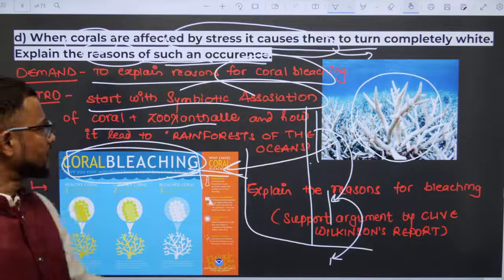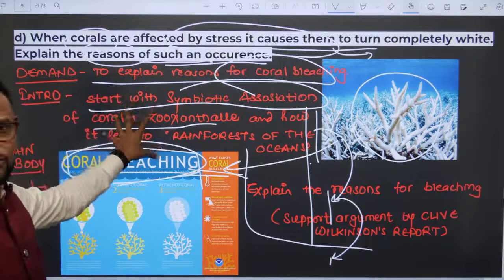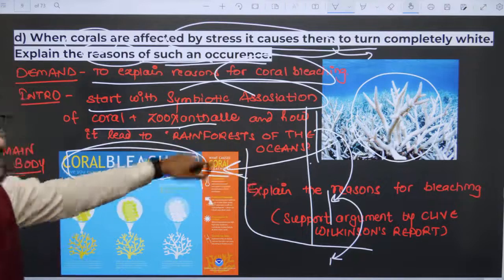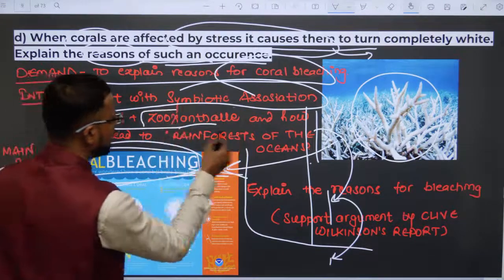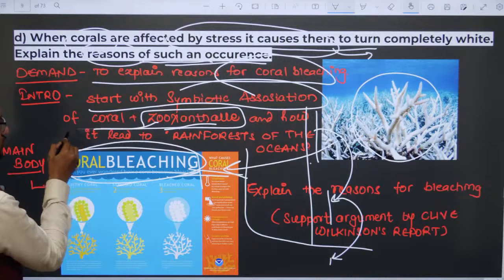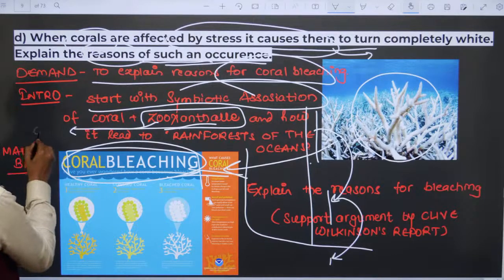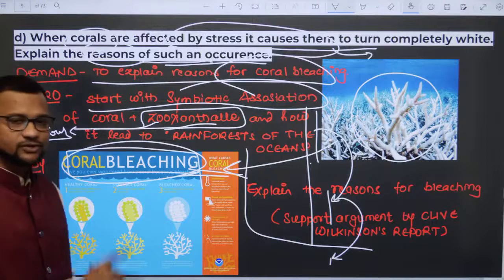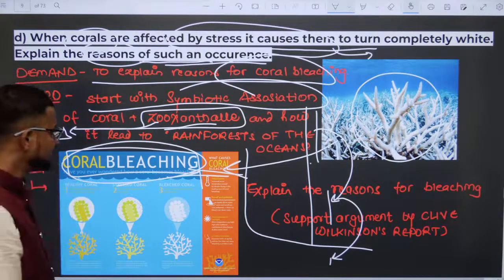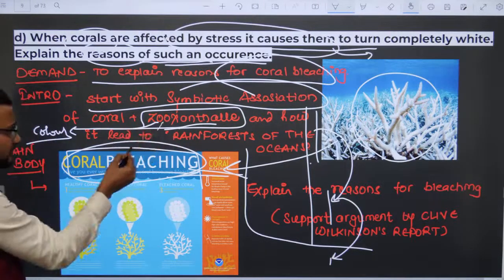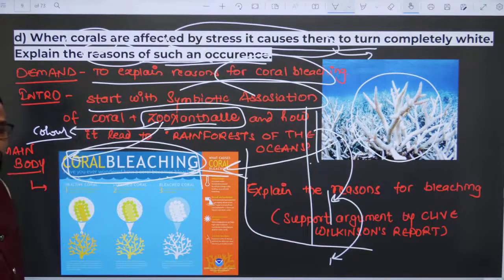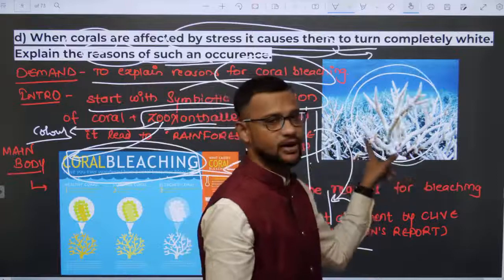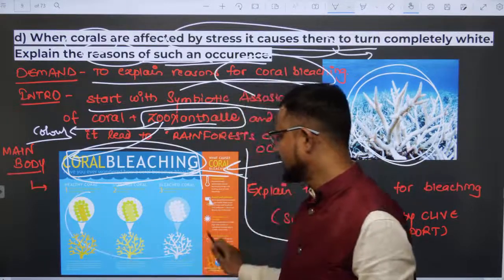Okay? So explain the symbiotic association of coral and zooxanthellae, because the expulsion of zooxanthellae then leads to white color. The color of corals, corals are colorful species, and the reason is zooxanthellae. And when zooxanthellae move out of the body of the coral, it turns white, as shown here in the diagram also.